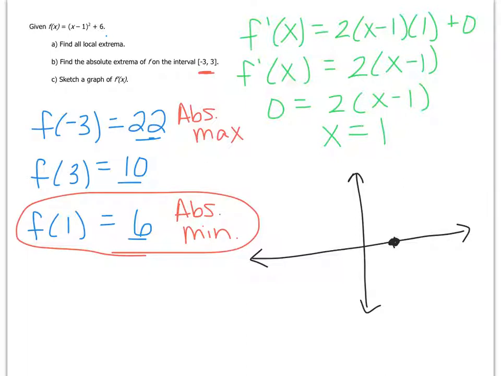It got shifted to the right 1, and then it went up 6. And so this is roughly what that graph is looking like. And when I want to graph my derivative, I can say, well, right here, all of these slopes are negative, going up to 0, and then all of these slopes are going in a positive direction. So this is what it would look like, right? And I'm essentially graphing the line 2x minus 1, which tells me this one right here would be at the point -2.